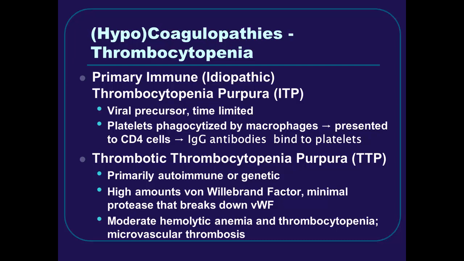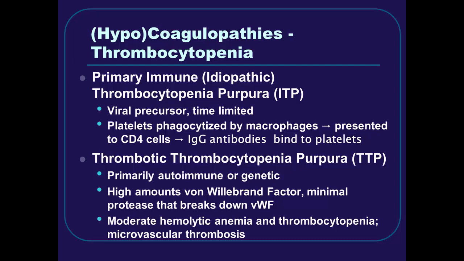Okay, so now that we know that there are two major categories and that they manifest a little differently, let's talk about them separately. So let's talk first about platelet disorders. There are two platelet disorders that we'll talk about. One is primary immune, or idiopathic thrombocytopenia purpura, or ITP, and the other is thrombotic thrombocytopenia purpura, or TTP.